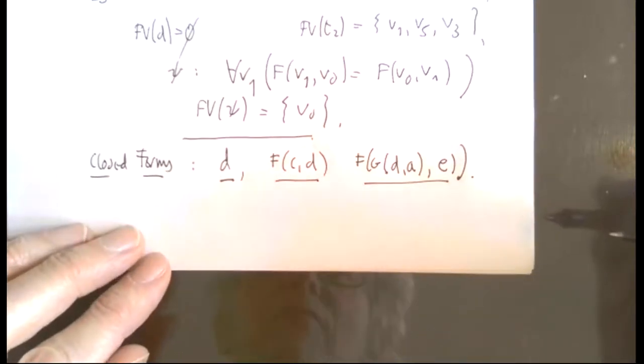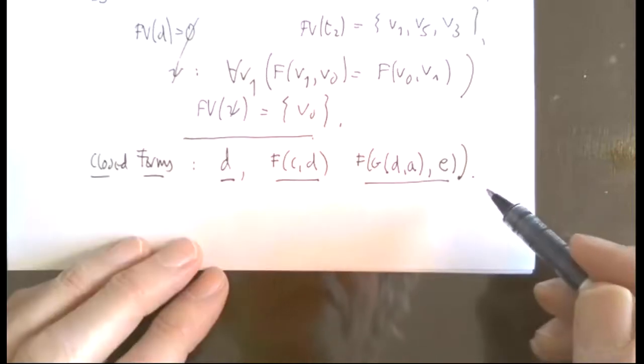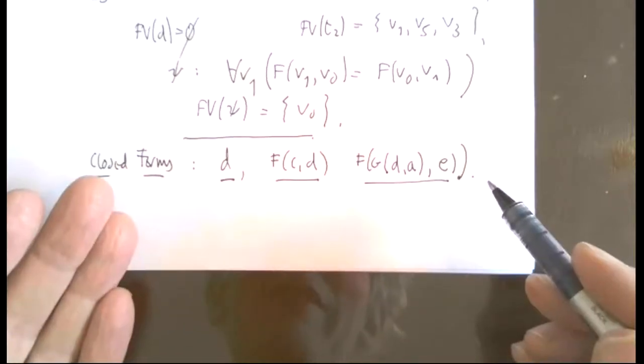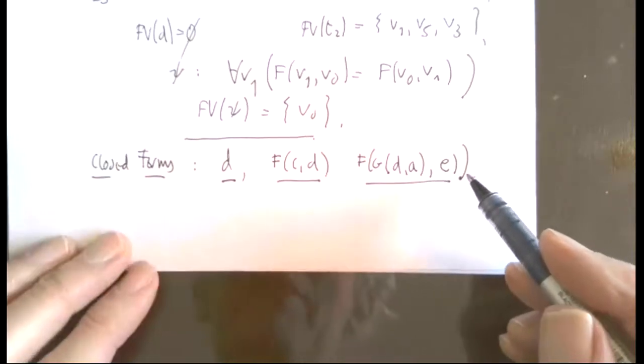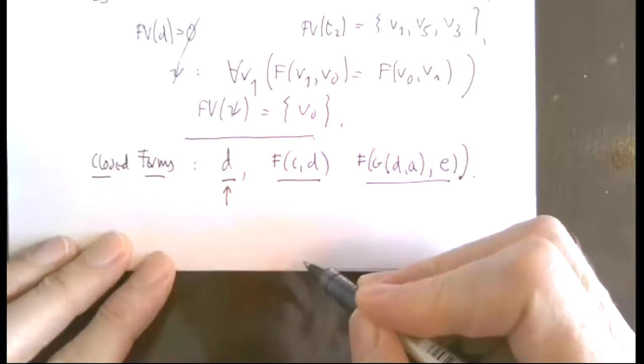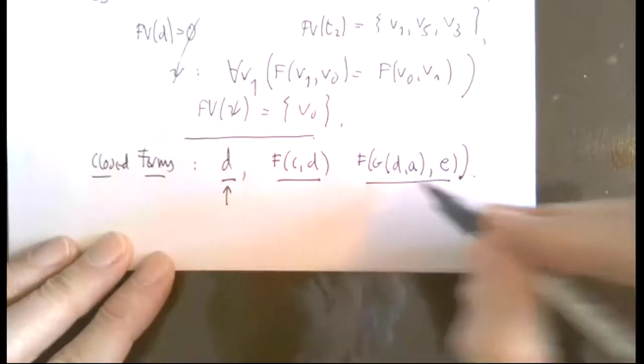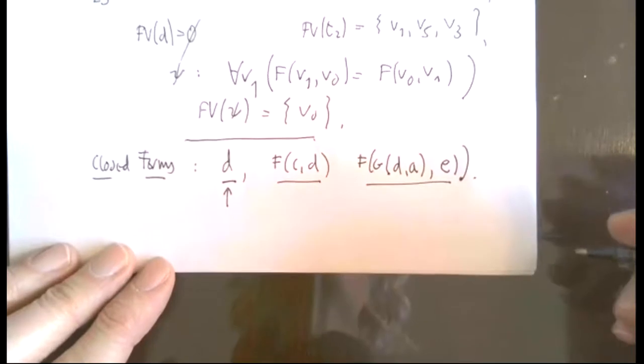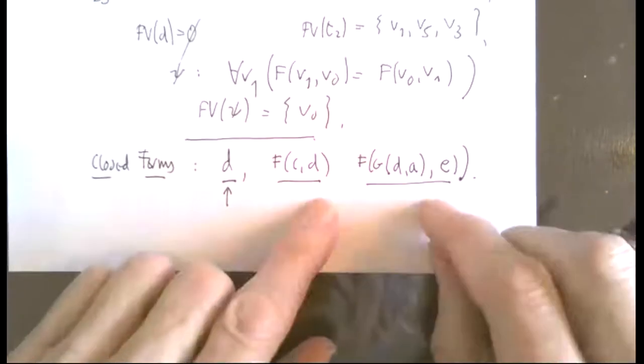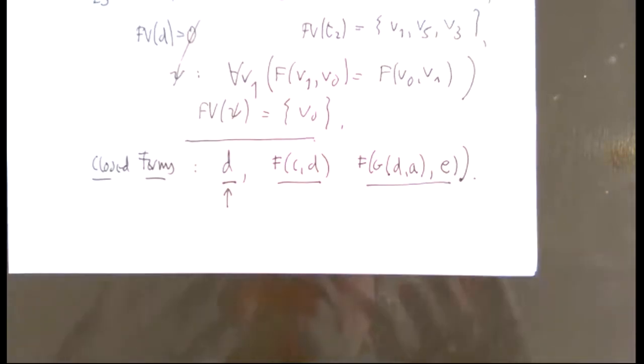Right? So the idea is that, of course, there's nothing varying here. This is always D, and this is whatever it is, and this is what it is here. So a closed term should be interpreted as a constant thing.